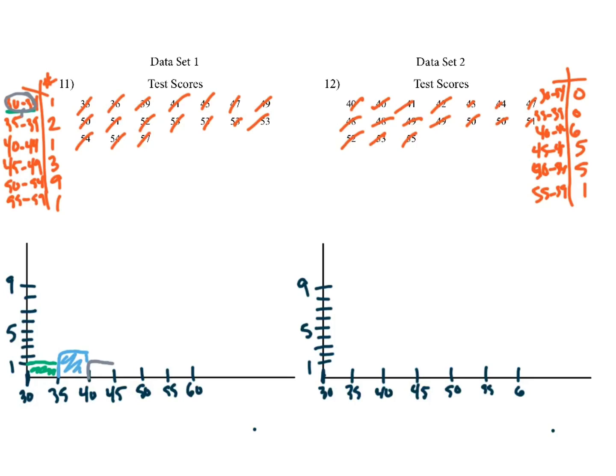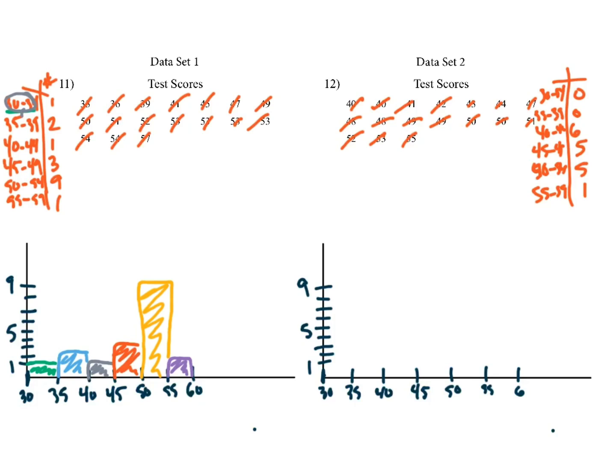Then 45 to 49, there's 3, so it'll look like that. Then from 50, we go clear up to 9. And then we've got 1, our last category. So it'll look something like that for our histogram.